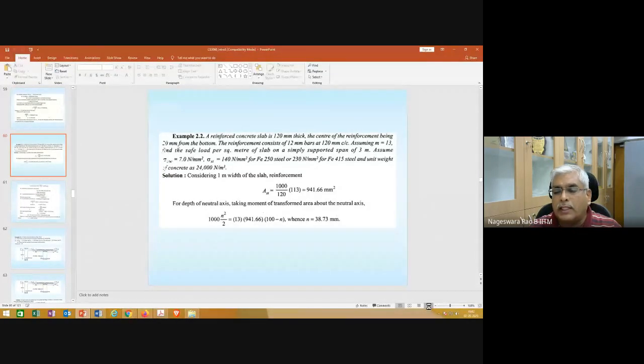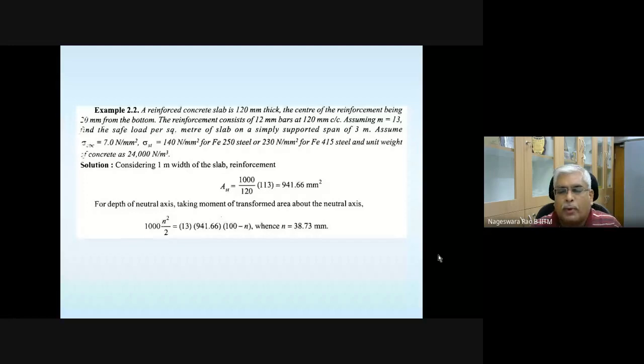So there was a question here yesterday for the slab problem. Considering 1 meter width of slab, that is 1000 mm width of the slab, I explained to you that the slab can be analyzed similar to a rectangular section beam with reinforcement on the tension side, except that you need to select the width as 1000 mm or 1 meter.